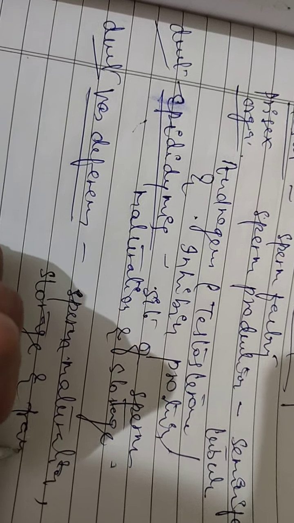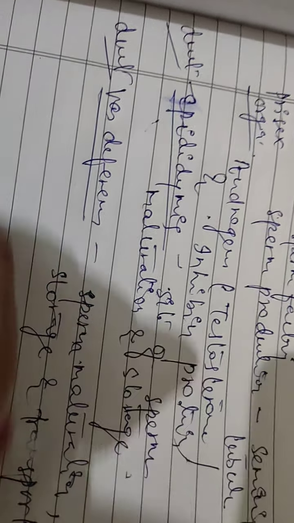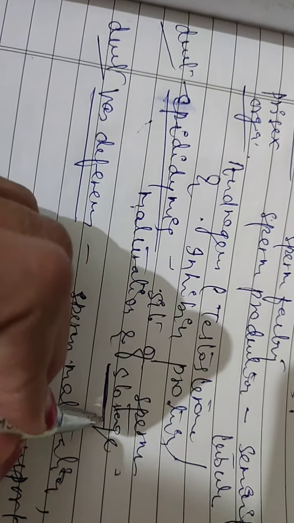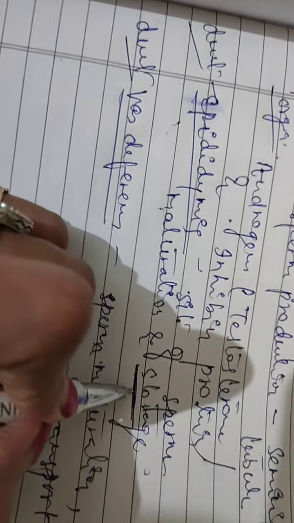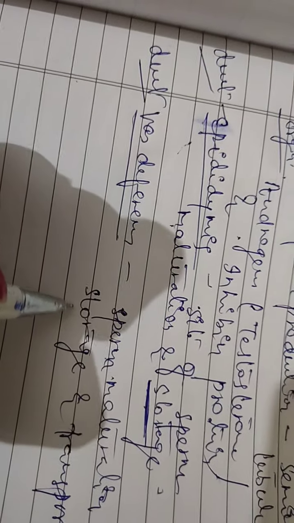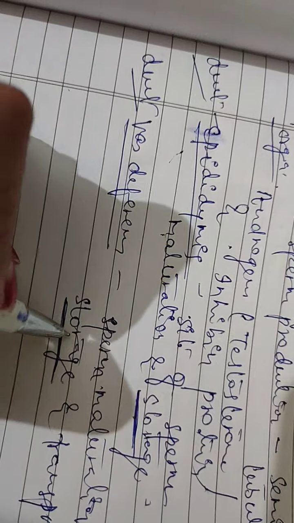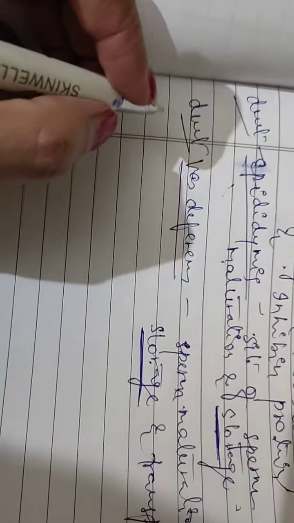So you can say in this also storage of sperm occurs, but in immobile state, and in this it is in mobile state. So that's the difference between epididymis and vas deferens.